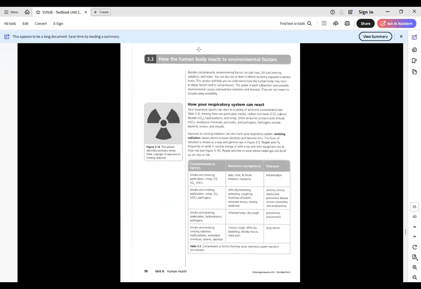Okay, so the first system is the respiratory system. And you'll see there that there's a big symbol, and figure 3.16 shows a symbol, and that's talking about exposure to ionizing radiation.